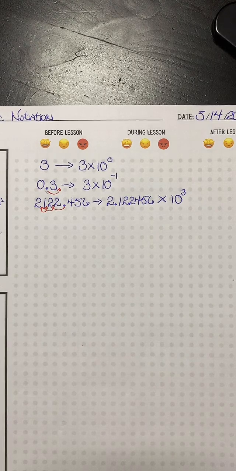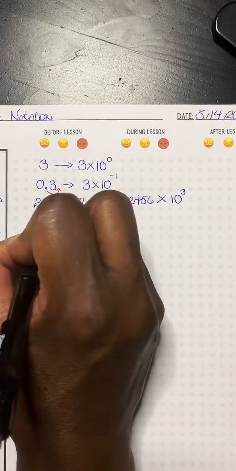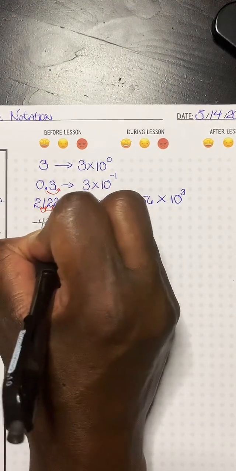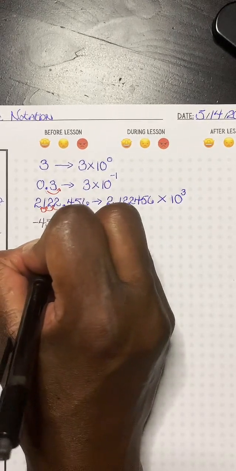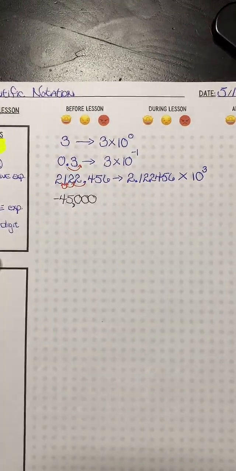All right. So now some people are probably saying, well, wait, Audrey, what happens if we have a negative? Like, challenge me a little bit. So let's say we have a negative 45,000. 1, 2, 3, this is now a comma. So negative 45,000.